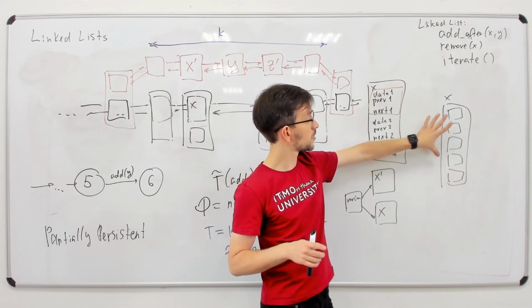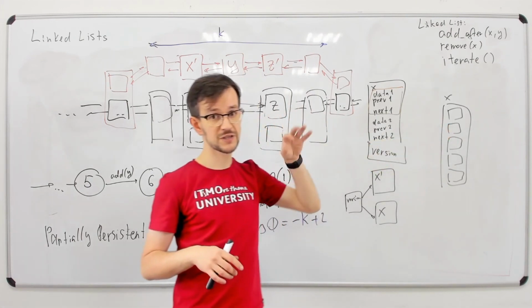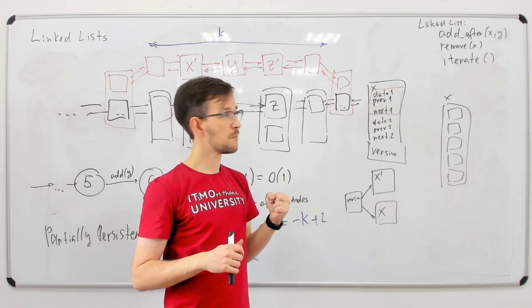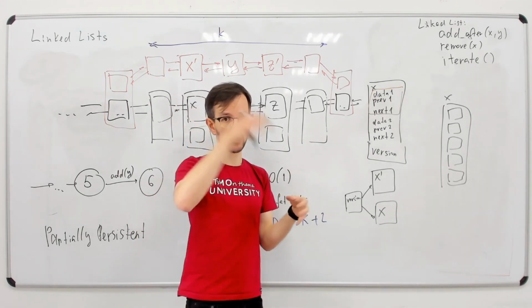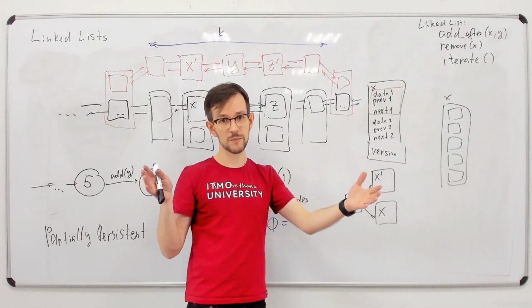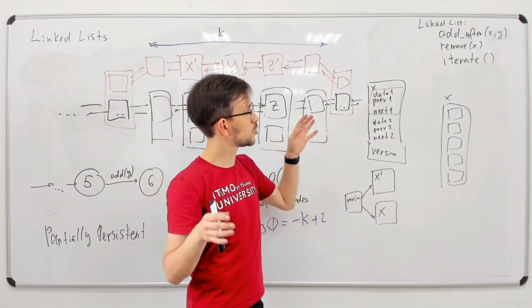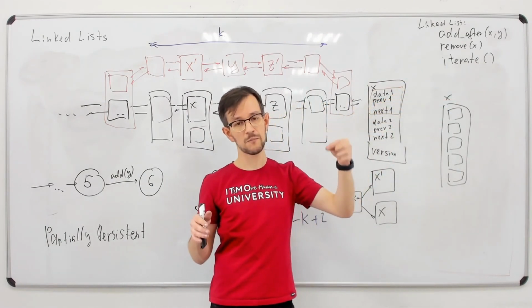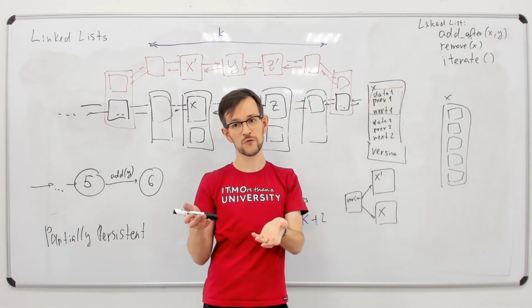You can make a binary search tree over these versions and find the correct version in logarithmic time. But this will add a logarithmic factor over all time complexity. So you will be able to iterate not in n time, but in n multiplied by the logarithm of the number of versions.